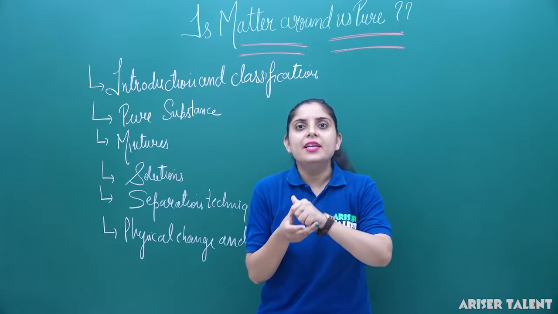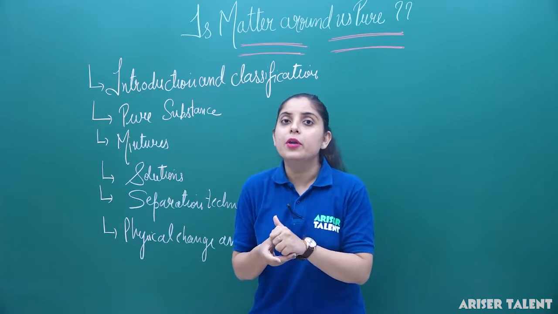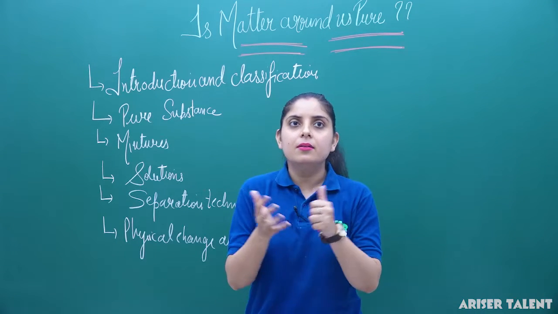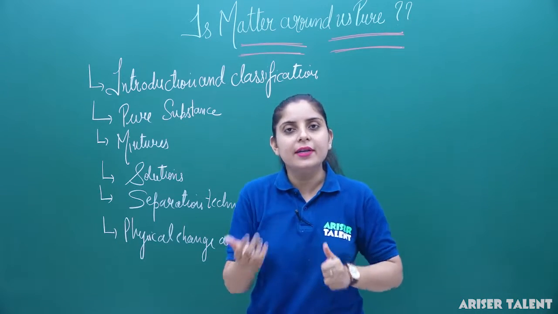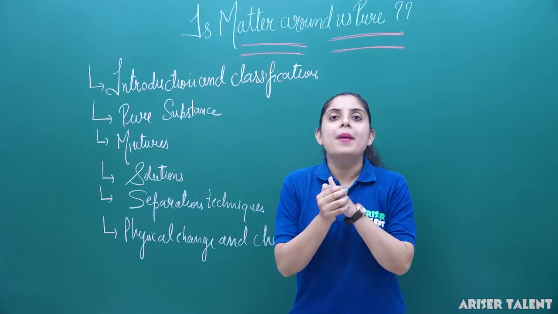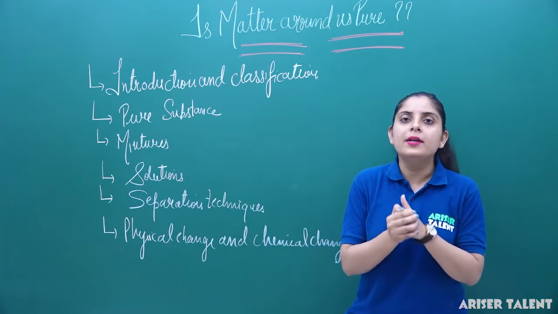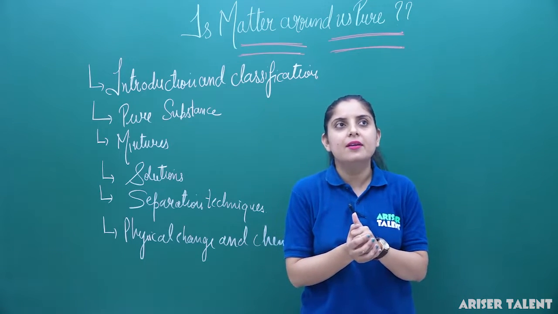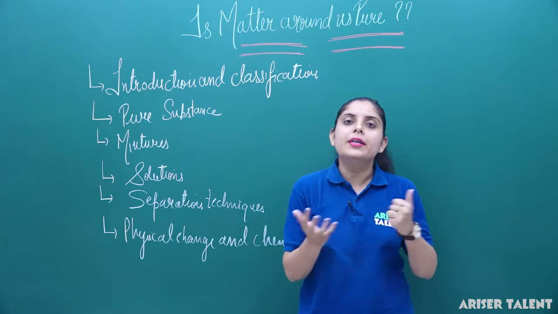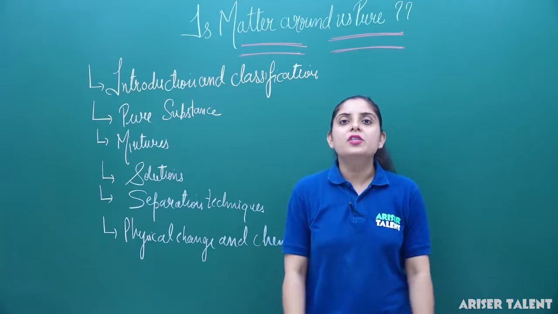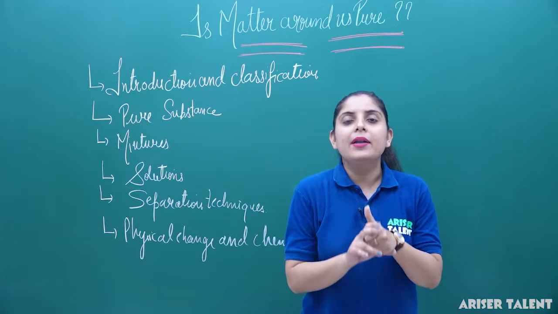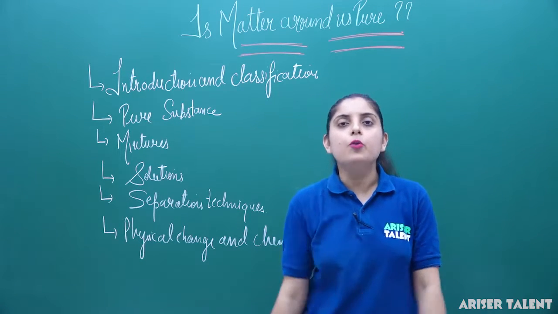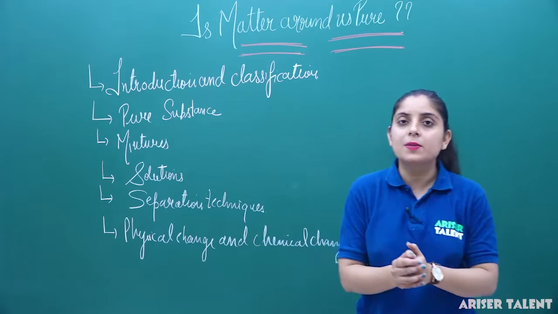So in nature, several things are found, and you cannot say that the matter around you is pure. Actually, it is impure. So matter around us is not pure, it is actually impure, and there are several examples, like I have taken the examples of water and soil, and you can take many more. So actually we have categorized matter, and one category is pure substance. Now what is a pure substance?